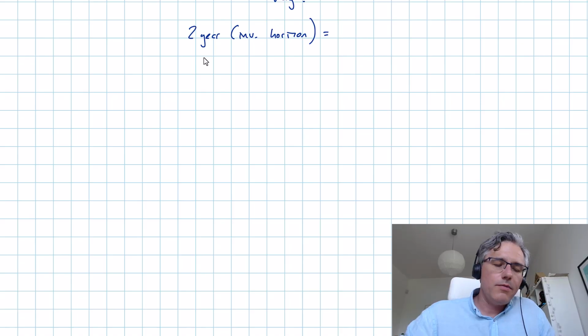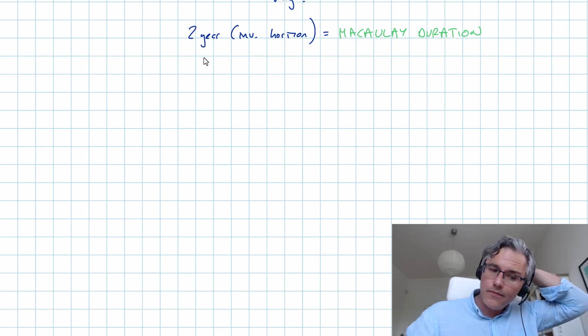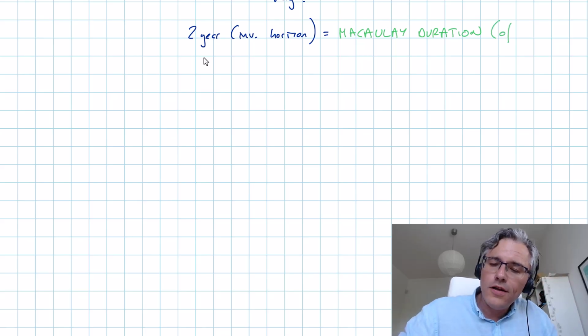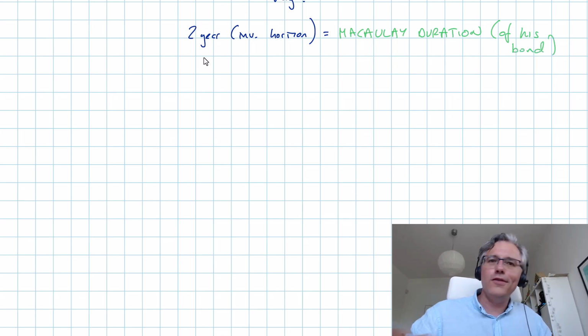At 2 years, the investment horizon is equal to the bond's Macaulay duration, which is something you'll be learning about a lot more in subsequent videos. But this is only the duration of this bond. It's not a universal number for all bonds.